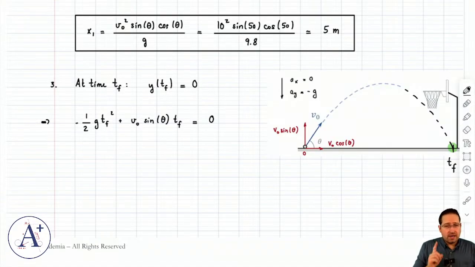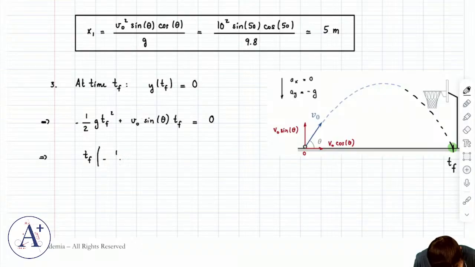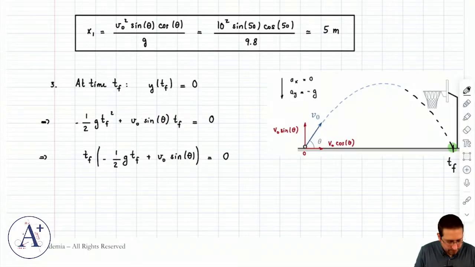Now that's a quadratic, however, it's a nice quadratic because it has no constant term, which means I can factor out T final and say that T final times minus 1/2 g T final plus v0 sine theta is going to be 0.